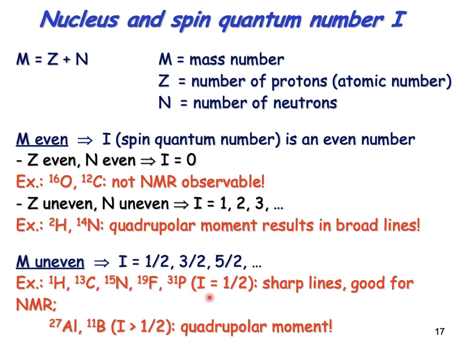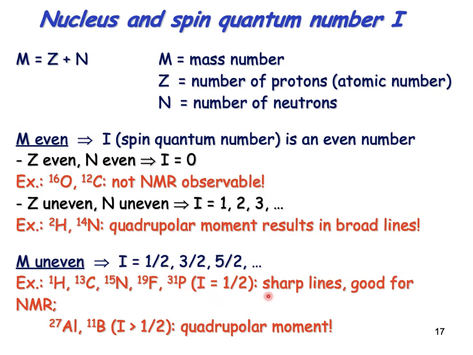The spin quantum number of all these nuclei, and we are talking about nuclei because this is nuclear magnetic resonance. It gives information about the nucleus of an atom. That's why we only talk about the nucleus of an atom.